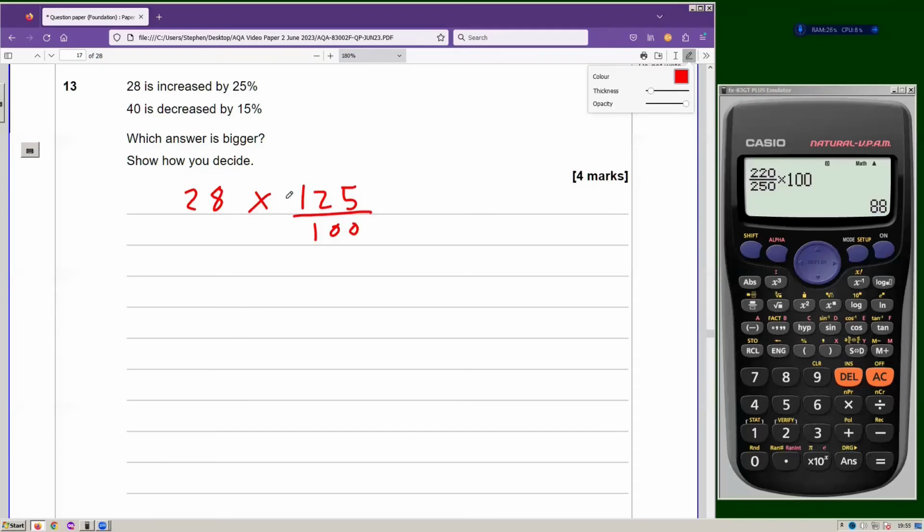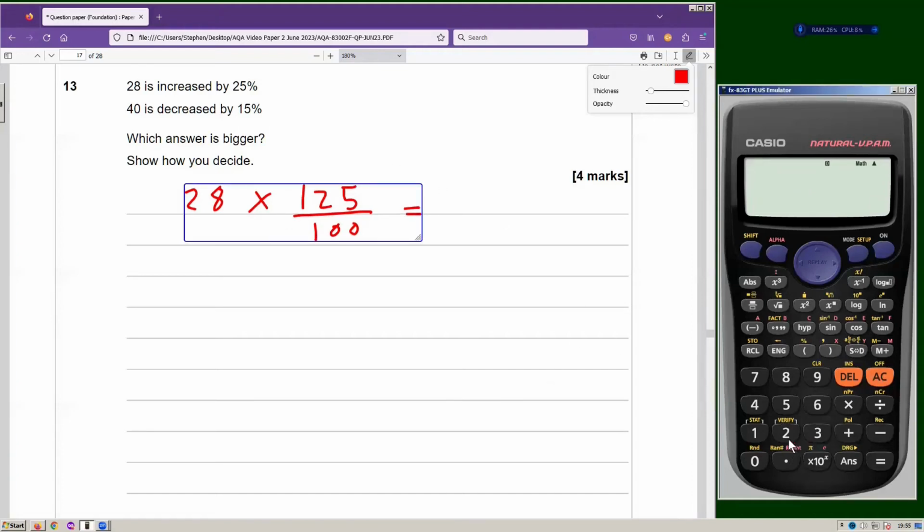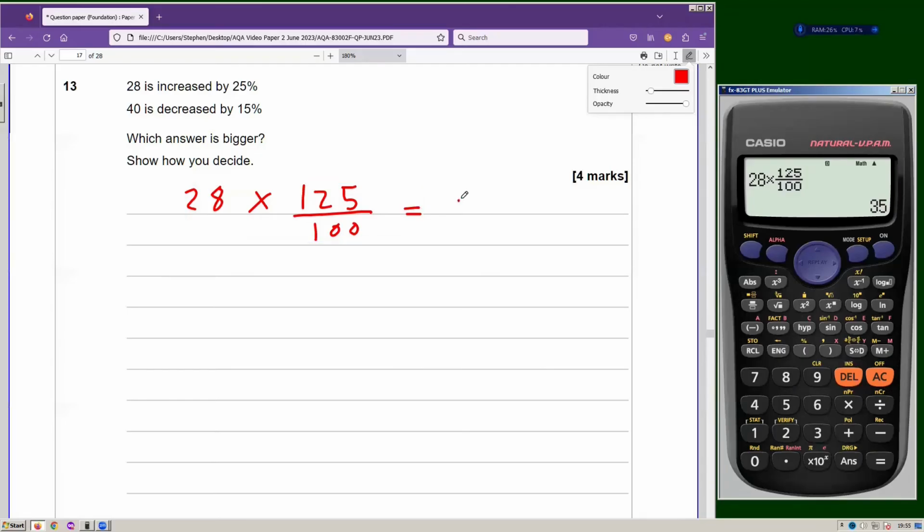Effectively, you're finding 1% and then times it by 125%, which would be an increase of that. So we do that one first. So that one's 35.